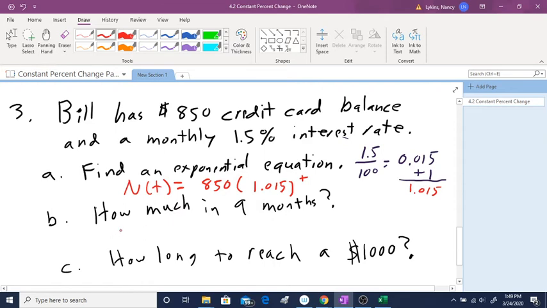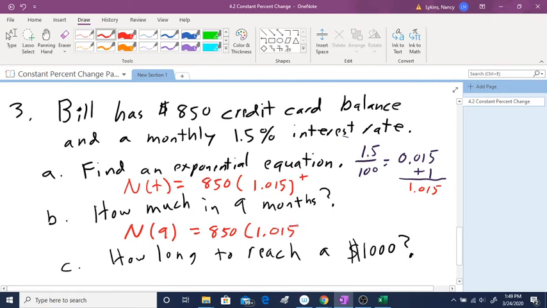So the next question is, what's the balance after 9 months? That means if we don't pay anything on the credit card. So that t now is 9. And what we do is we put 850, 1.015 raised to the 9th power. Now make sure that when we're using our graphing calculators, you put it in just like how I have it written.